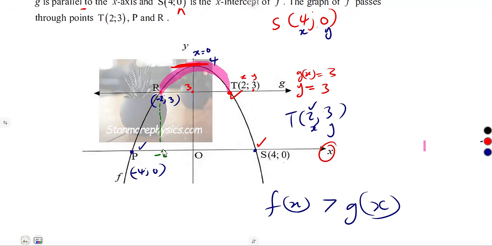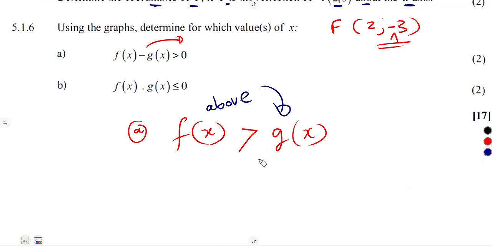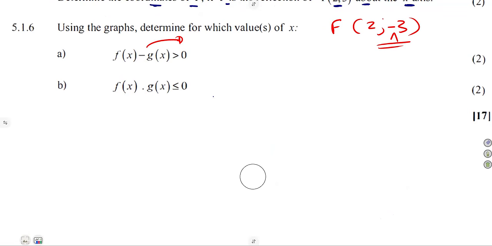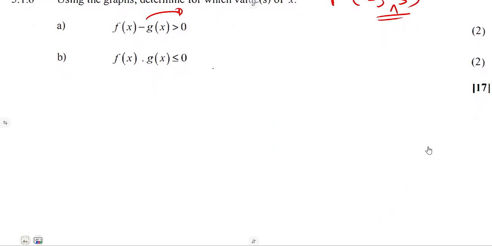So we are limited from minus 2 up to the value of T, where x is 2. So we can say x is greater than minus 2 but less than 2. That is the range of values that we are talking about. f of x is going to be above g of x.